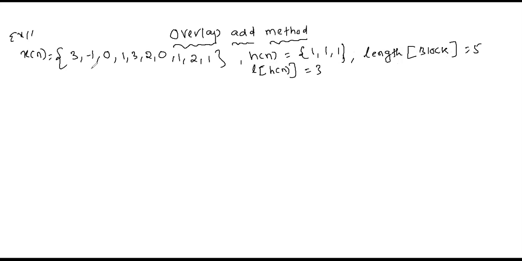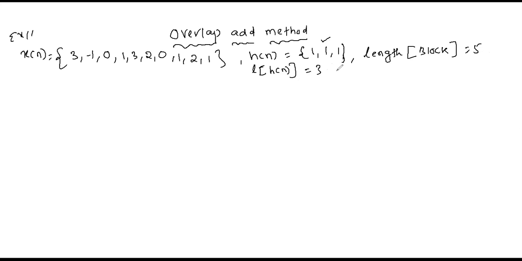Block length means we divide the input sequence into blocks and each block contains 5 sample values. You can take 6, 7, 8, anything, but it must be greater than the length of the impulse response. Here the impulse response length is 3, that's why I'm taking the block length equal to 5. You can also take 4, 5, 6, 7, anything greater than 3.